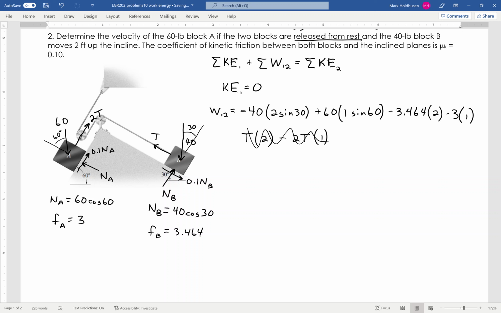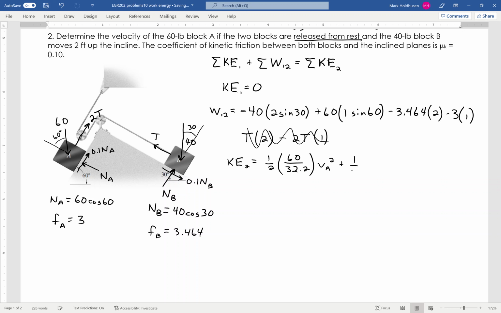Now for the final kinetic energy, I have to include both blocks. So I have 1/2 times 60 over 32.2, this would be for block A at this point, which is what I'm trying to find. I'm trying to find the velocity of block A, so I'm going to leave that alone, 1/2 VA squared.